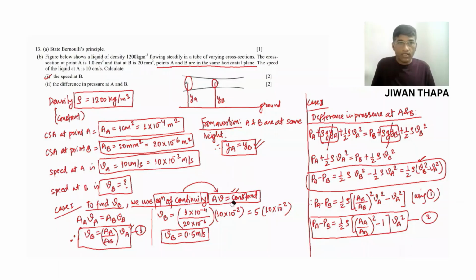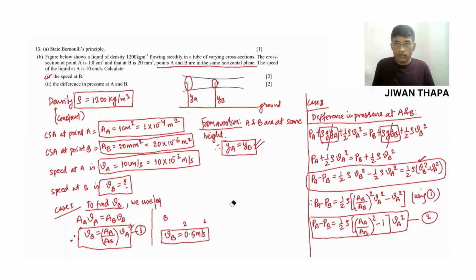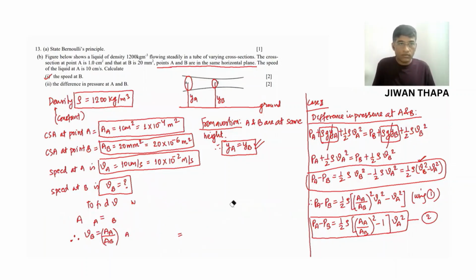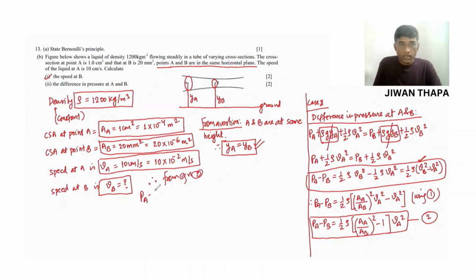I'm erasing this. Therefore, from equation 2, PA minus PB equals half density, rho is 1200 kg per meter cube.